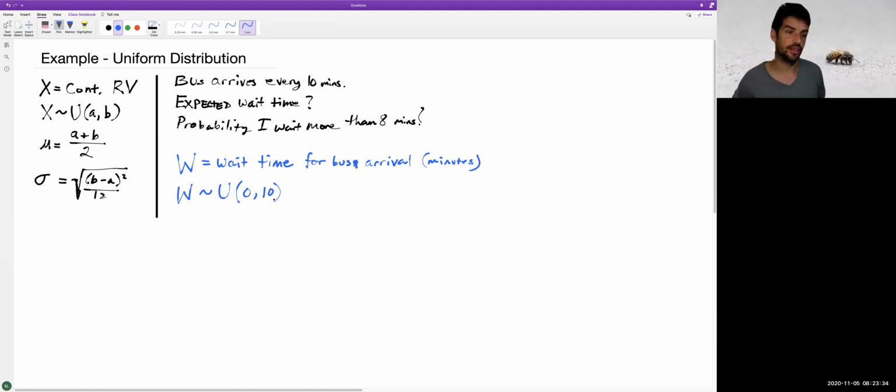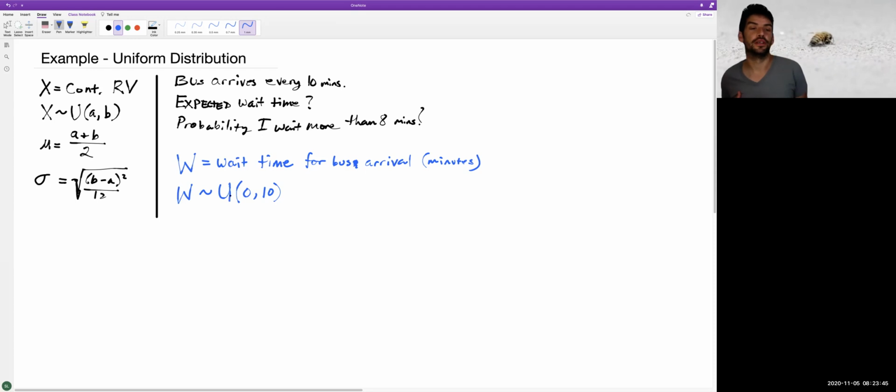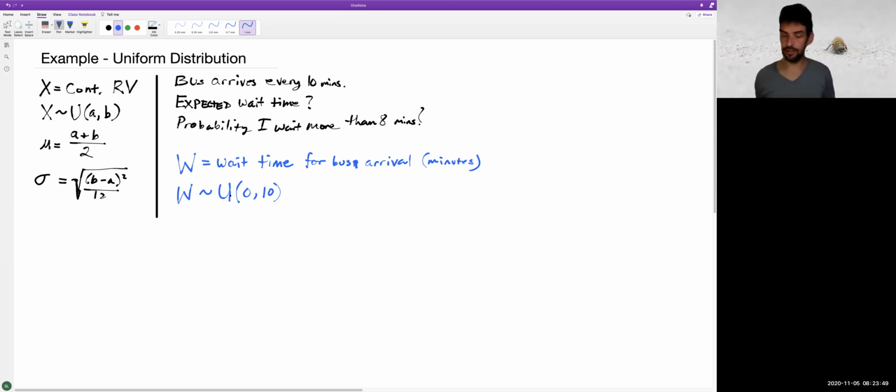Okay, so there's our random variable defined. I guess I'll put a U on there. So our expected wait time, right? This is really our expected value, or our average wait time, is what we mean by this.